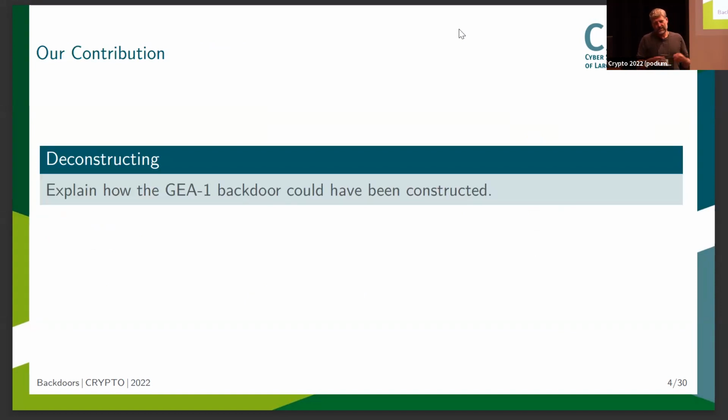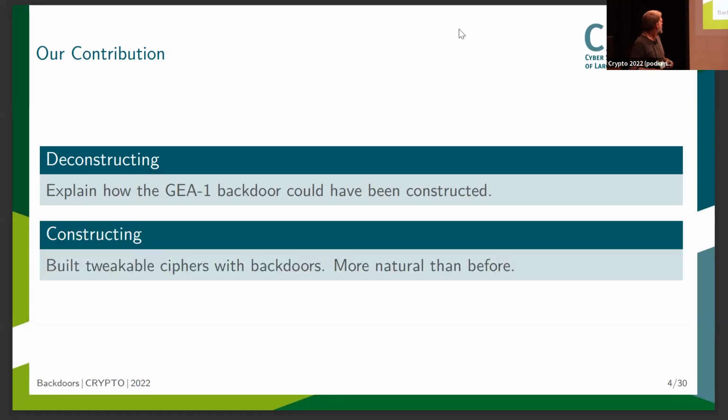One is deconstructing, where we look at the GEA-1 algorithm. I'll briefly recall what this is and explain how this backdoor, or maybe more intentional weakness, was built, or what we think has been built. And we are going to explain ways, following the malicious framework, how you can actually build what I think are nice, natural looking block ciphers, tweakable block ciphers, with backdoors.